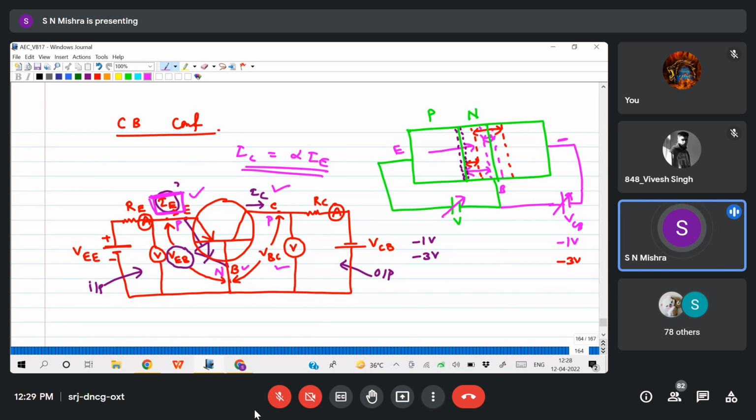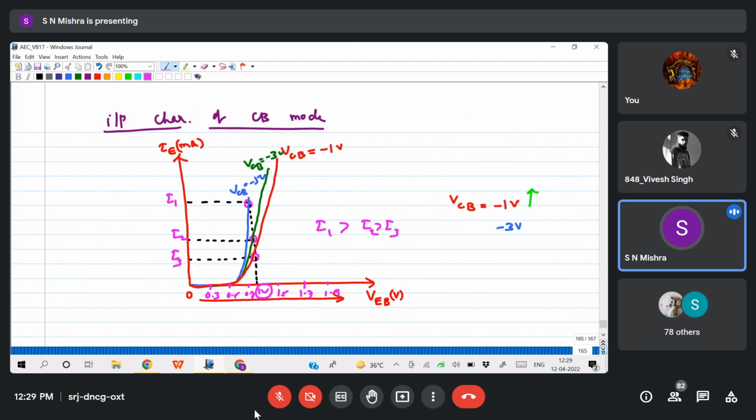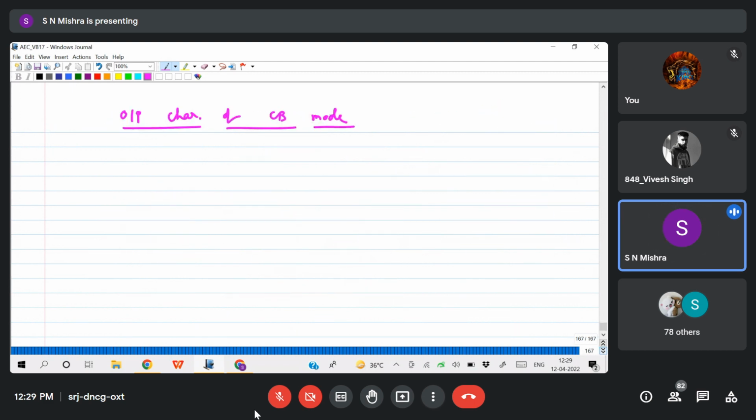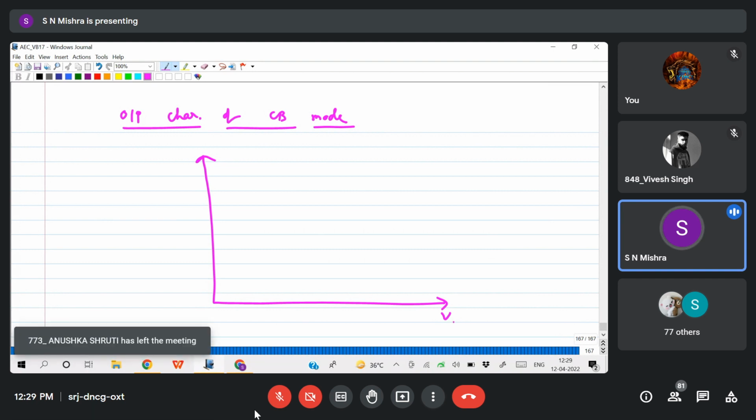So if we fix the input current, then observe the change in IC with output voltage, and then you can plot the output characteristics. The output voltage is my VCB, or if we want to plot the positive side, VBC in volt, and the output current is IC in milliampere.